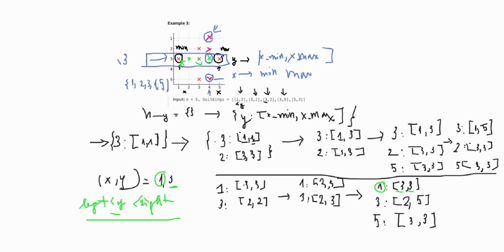Yeah, next point. So let's say that for now we need to check this point, the 3 2. x is 3, and then y is 2. x is 3 here, and then 2 5, and then that is the 2 2 here, right?